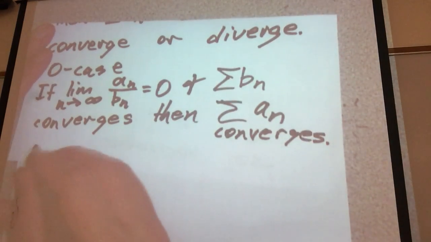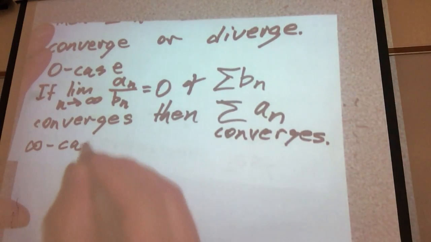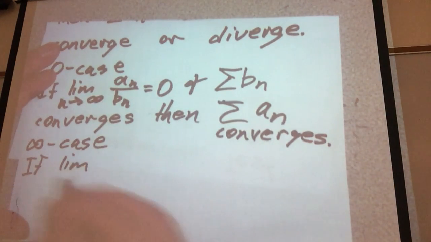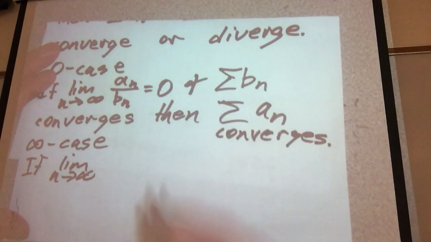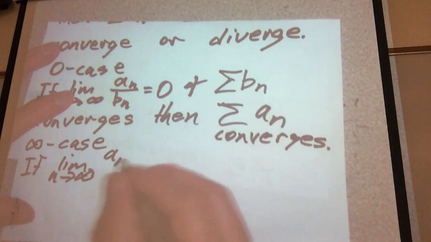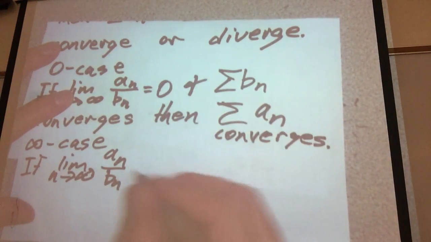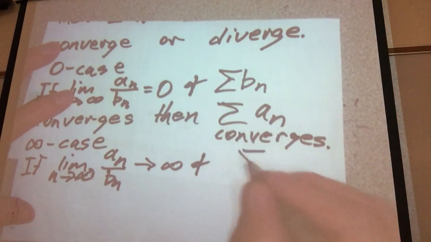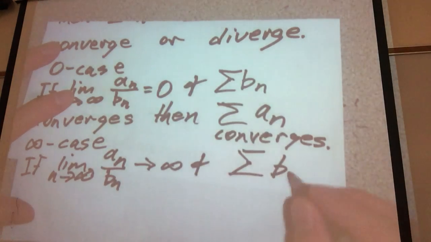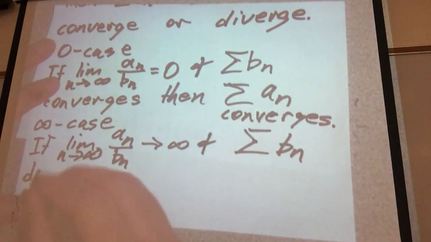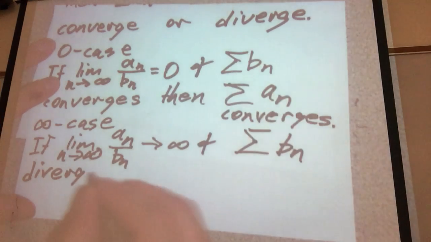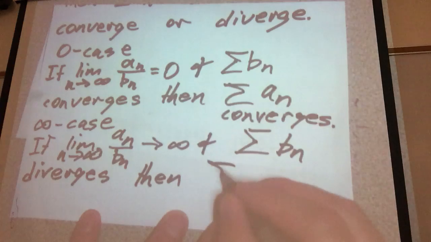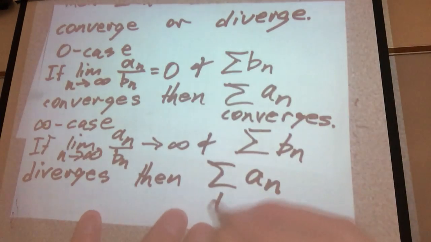And we have the infinity case. So if the limit as n tends towards infinity of a sub n divided by b sub n tends towards infinity, and the sum of b sub n diverges, then the sum of a sub n diverges.